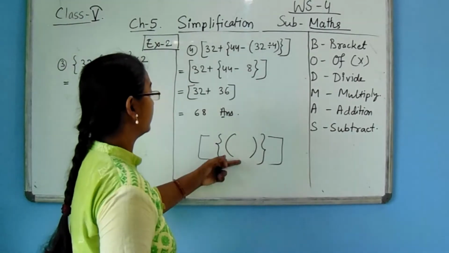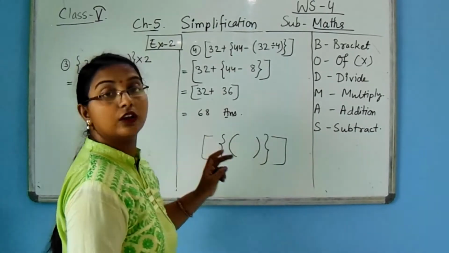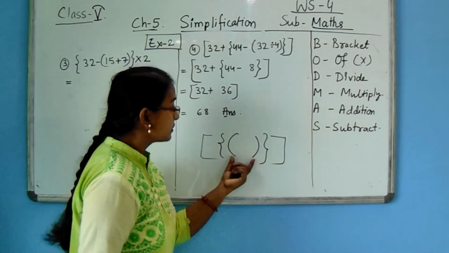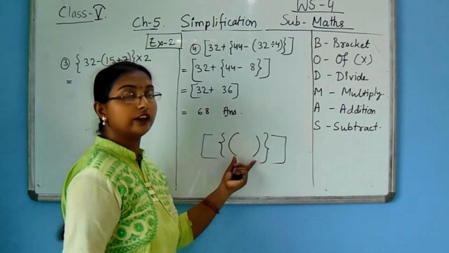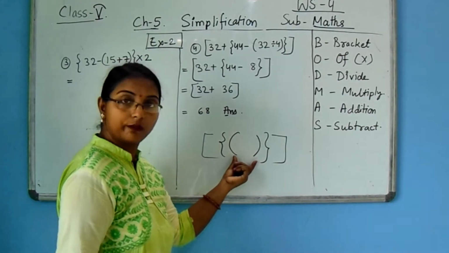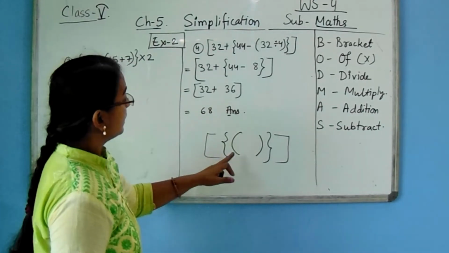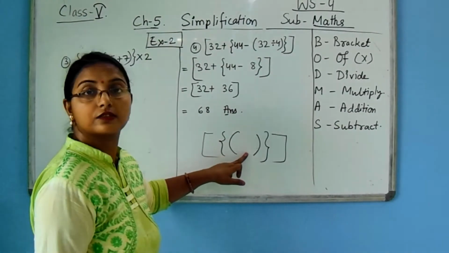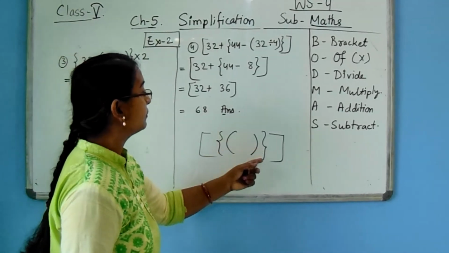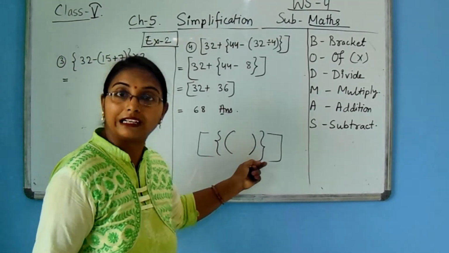In this manner, first of all we will solve the rounded bracket, the short bracket, the small bracket. Next, once the sum in the small bracket is solved, we move to the middle bracket.